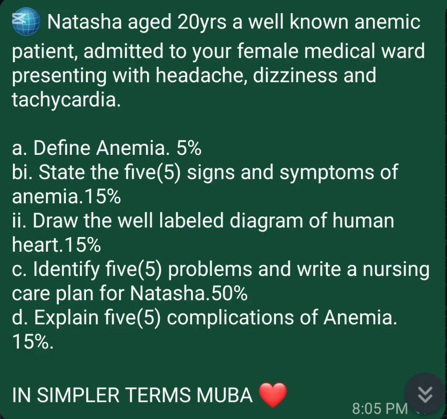Next, multiple organ damage. Below, you're going to say, when Natasha has anemia and if it is left untreated, that causes less oxygen reaching the brain, the kidneys, and also the liver.